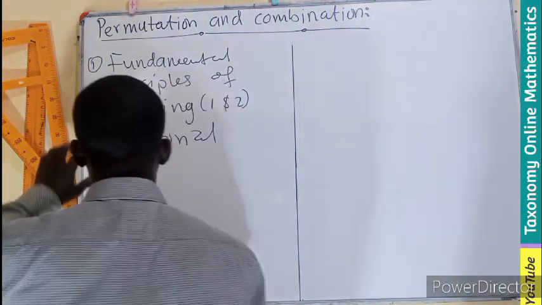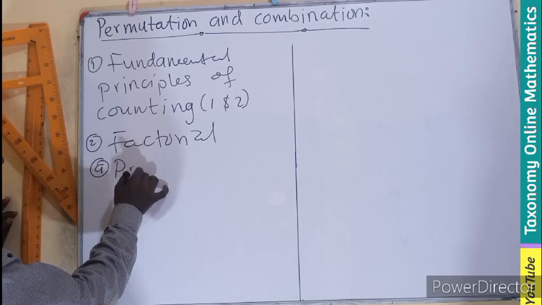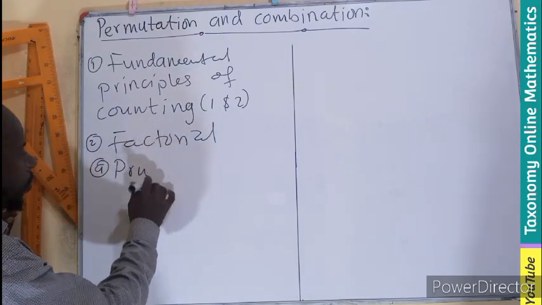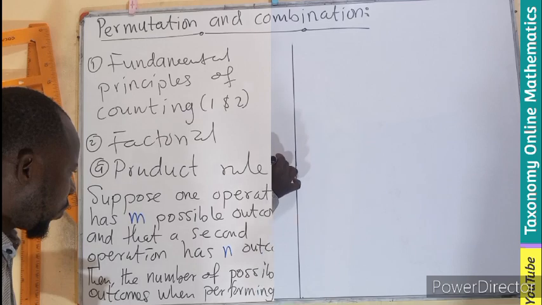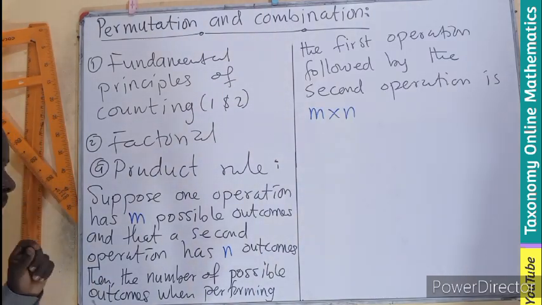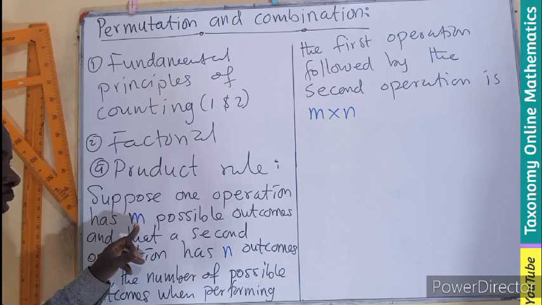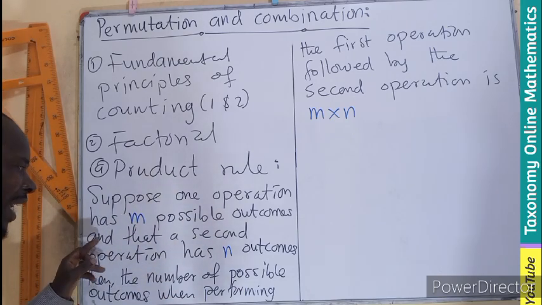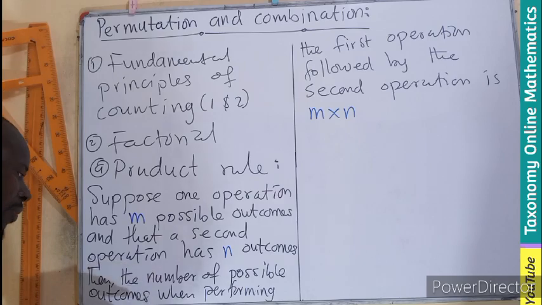So what is the first one? We mentioned that the first one is going to be the product rule, which is simply saying that suppose one operation has m possible outcomes and a second operation also has n outcomes.